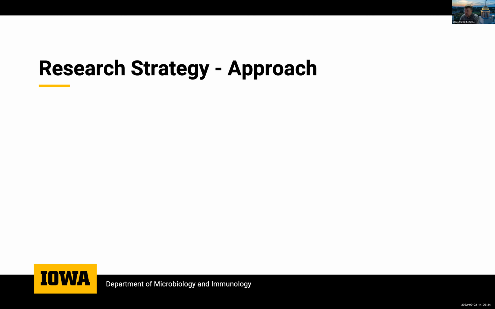As far as the research strategy section and the approach, you want to make sure to articulate why you're taking the approach that you've outlined. That's, again, the key in the rationale section for the specific aims. You want to make sure that you defend why you're going to take your approach.